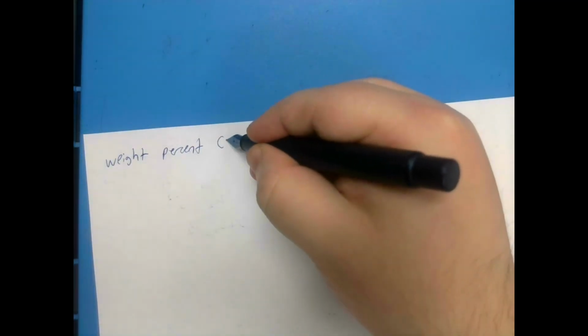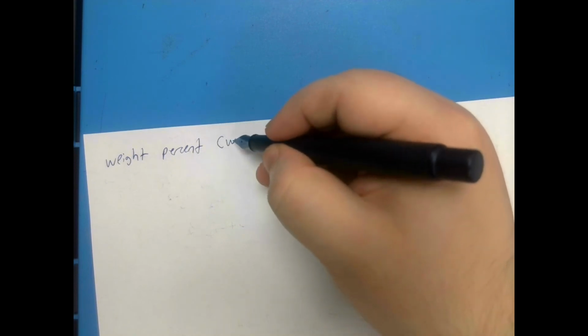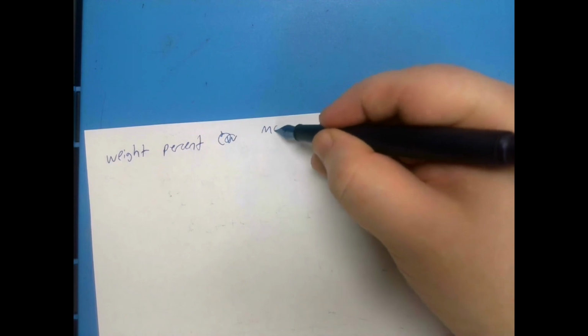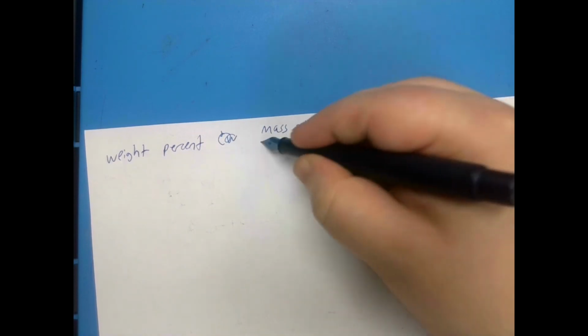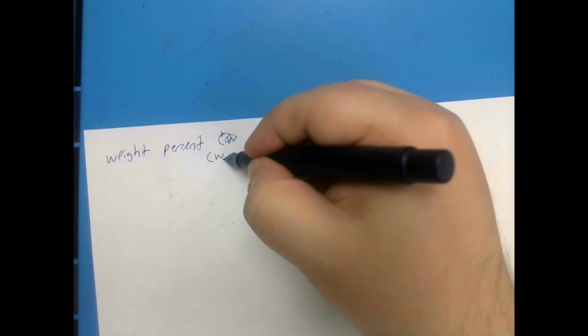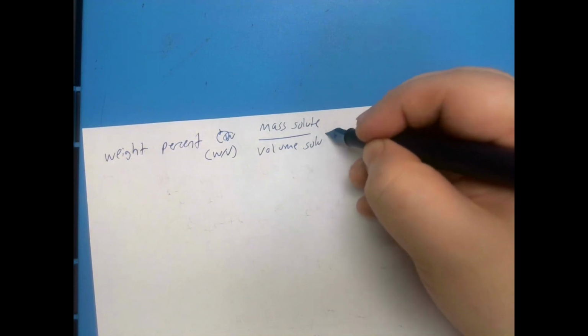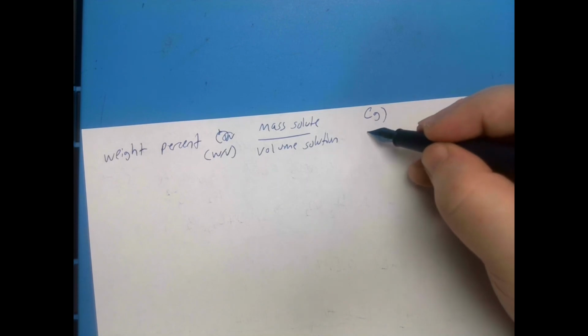Weight percent is going to be a ratio of mass of solute divided by volume of solution, W/V, where your mass is in grams and your volume is in milliliters.